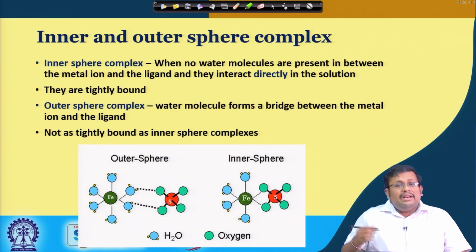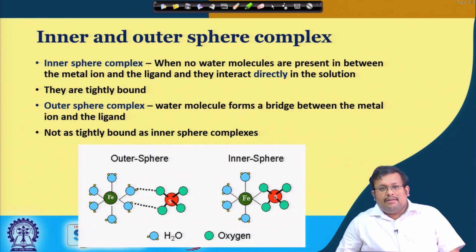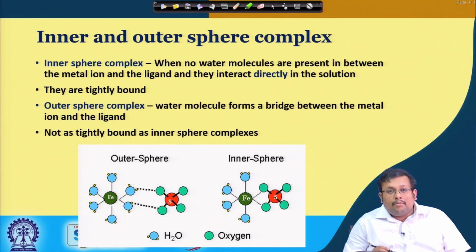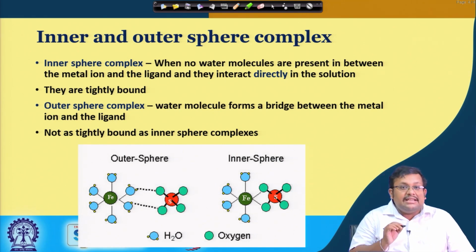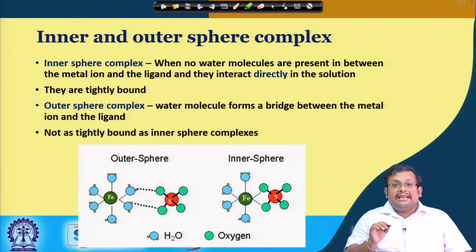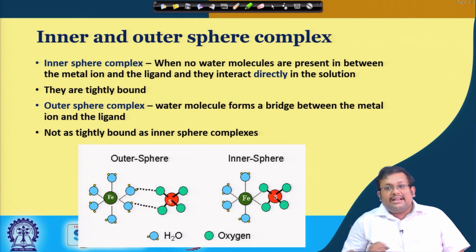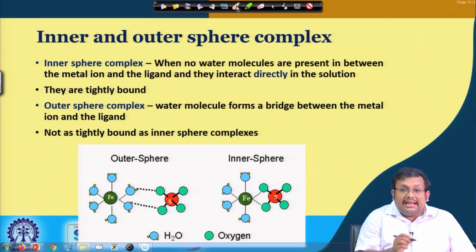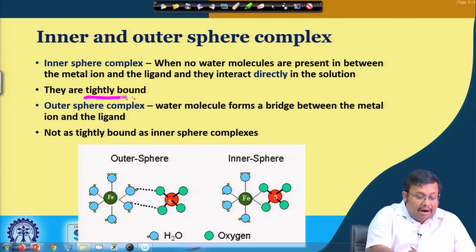So, let us talk about the inner and outer sphere complex. An inner sphere complex is when no water molecules are present between the metal ion and the ligand, and they interact directly in the solution. They are also tightly bound.